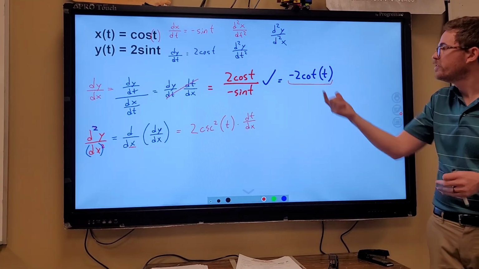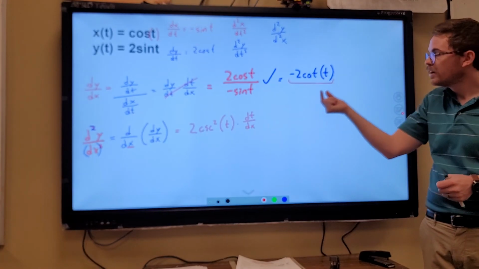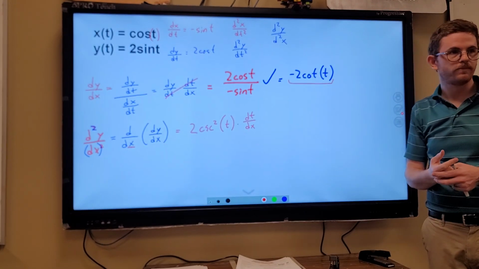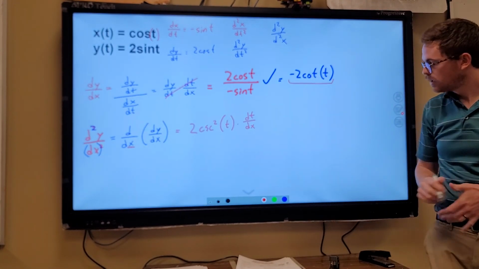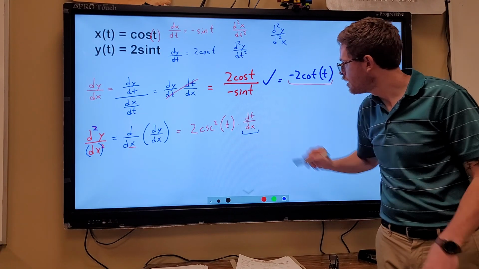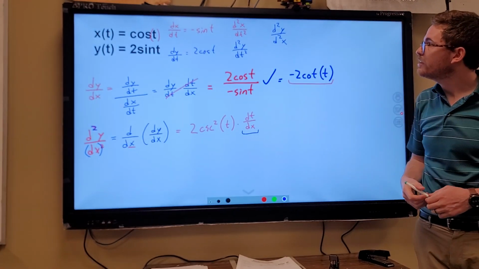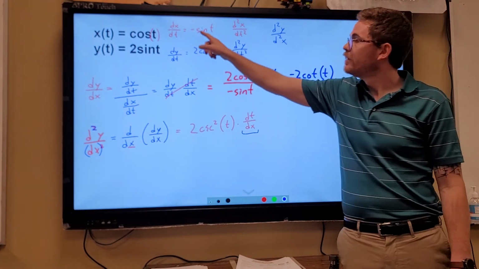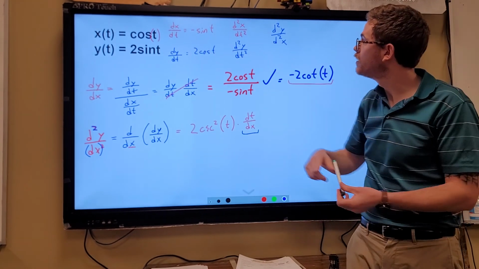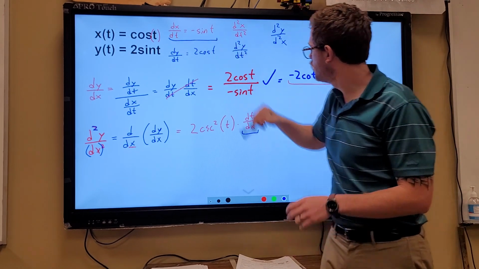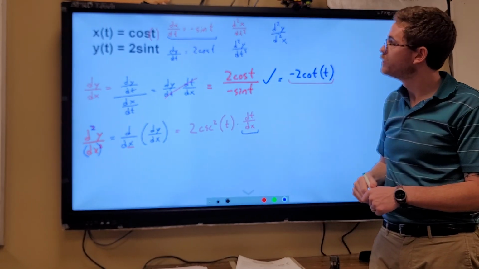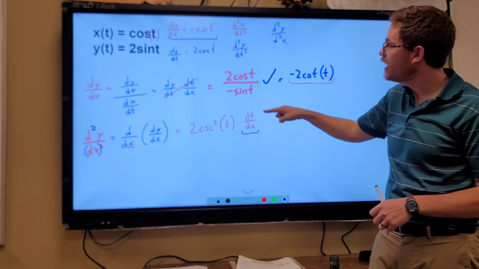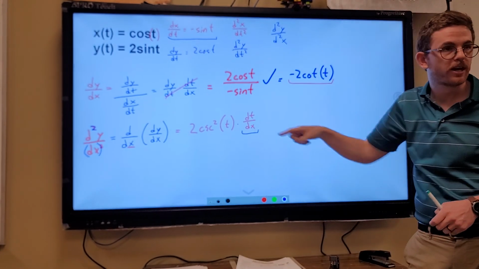So chain rule, derivative of the outside, leaving the inside the same, times the derivative of the inside. dt over dx, well, we had dx over dt. So dt over dx is the reciprocal of dx over dt.